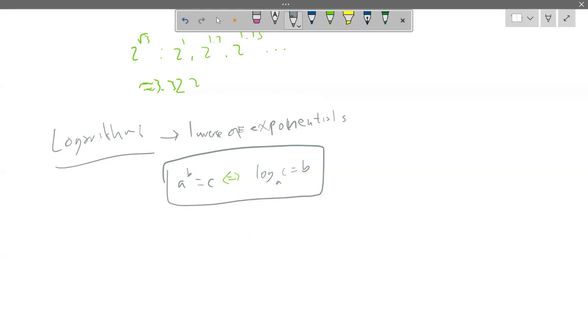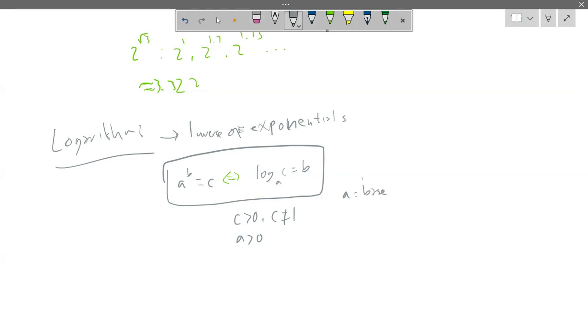And this is assuming that c is greater than 0, but not 1, and a is greater than 0. Now, a here is the base. A is called the base, which is the same thing as the counterpart in the exponentiation.